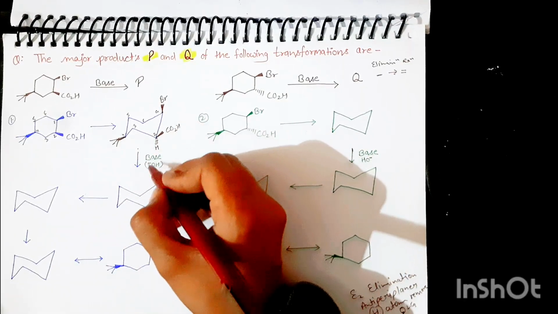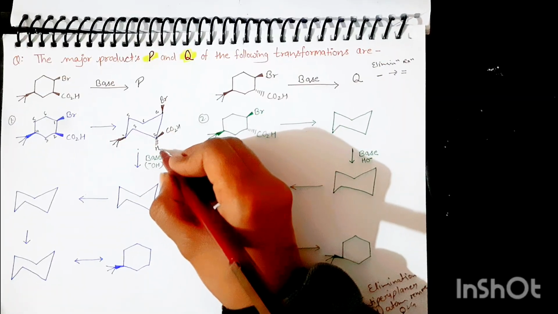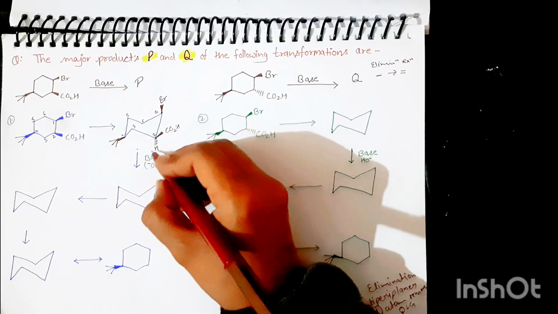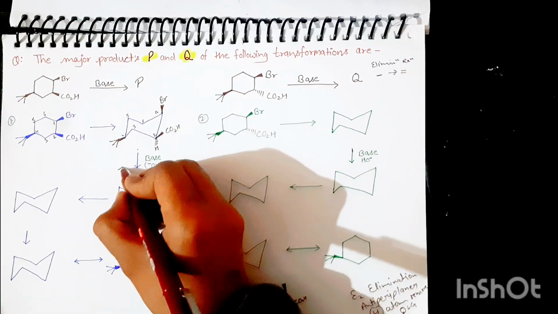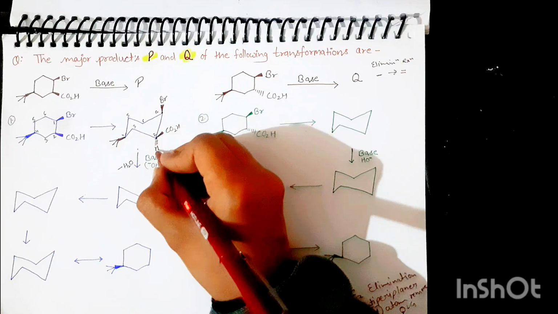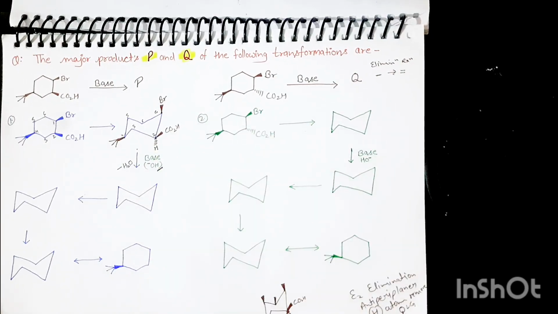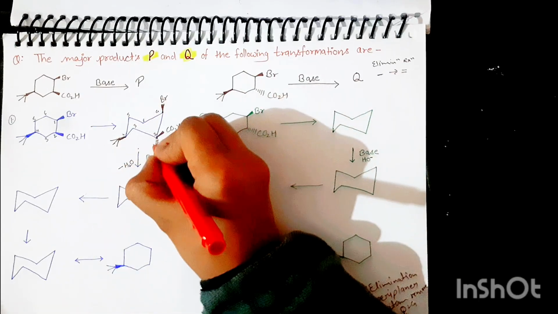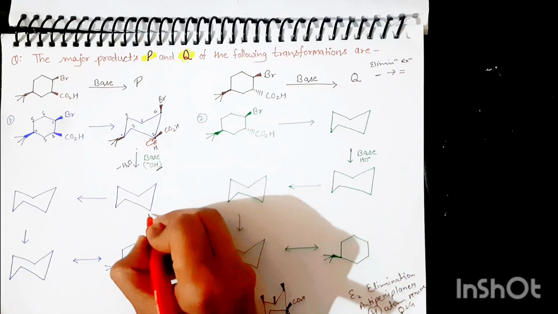So in the presence of base, this hydrogen atom is removed by the base, so E2 will occur, and the electrons of this carbon-hydrogen bond shift to carbon number 2.